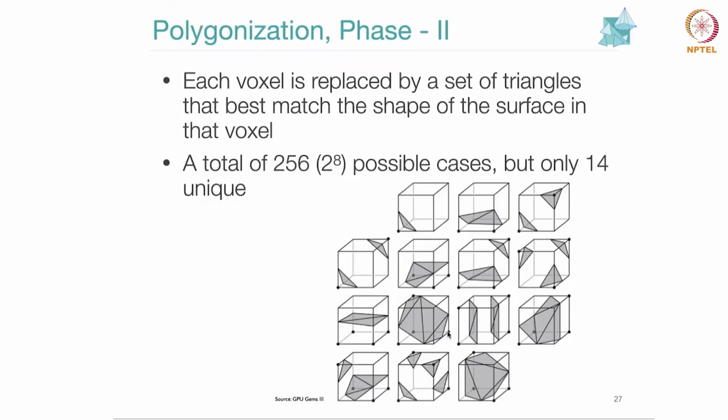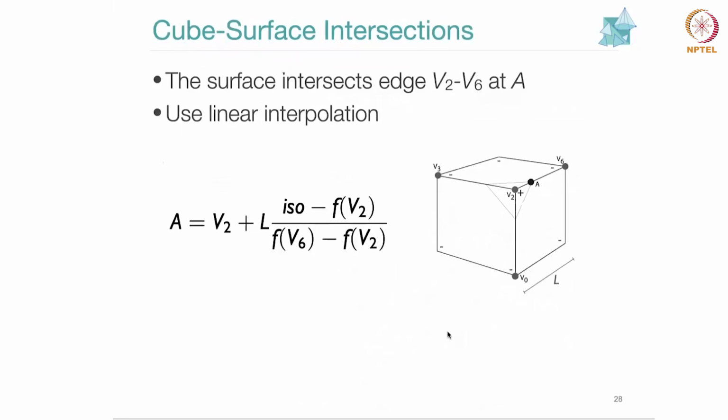Is this clear? The set of configurations. So 14 unique configurations, right? And that's it. So once you have identified such blocks and identified these topological configurations of triangles based on the values, the only thing that you need to do now is perform a linear interpolation and figure out the vertex coordinates of the triangles that pass through.